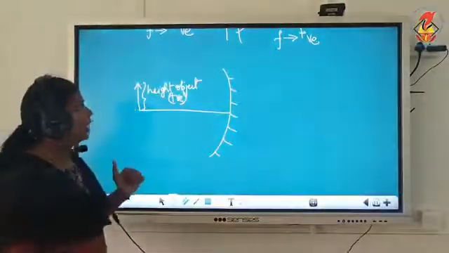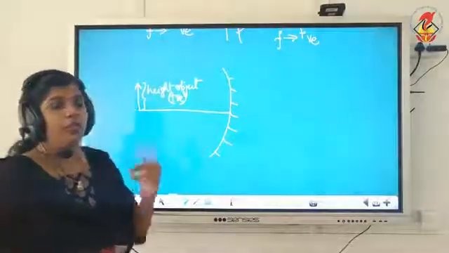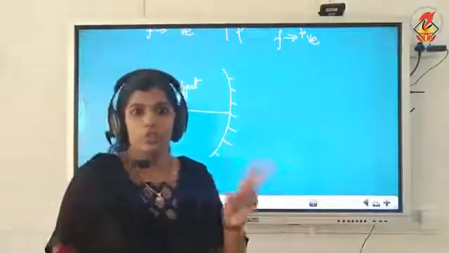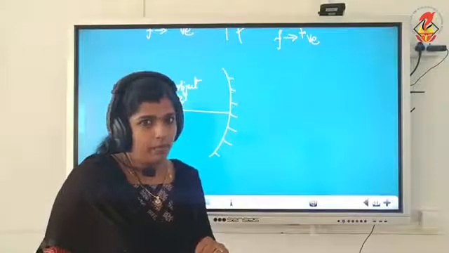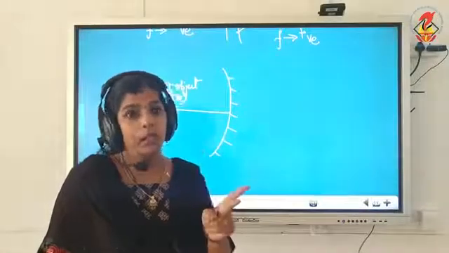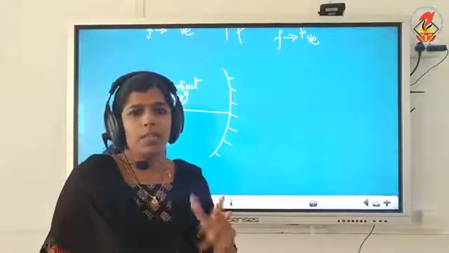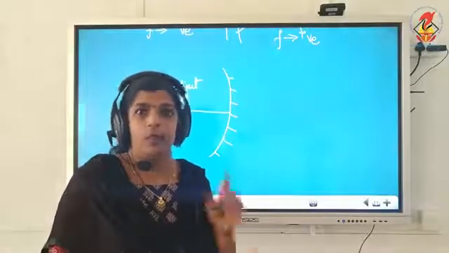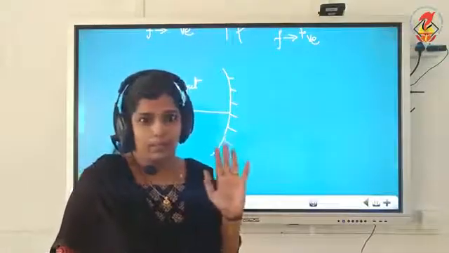Now, height of the image. When you consider the height of the image, two types of images you will get. Real image and virtual image. Real image is always inverted. Virtual image is erect.